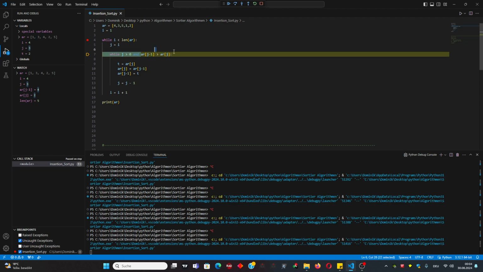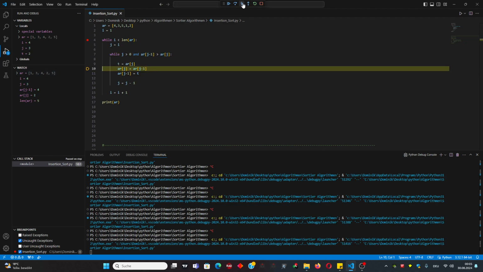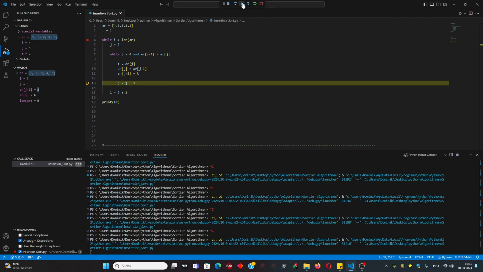Then we compare the list elements again. AR[J minus 1] is 4, and AR[J] is 2. That means we will swap these numbers, the 4 and the 2. Okay, the elements are swapped, and we will decrease J by 1.